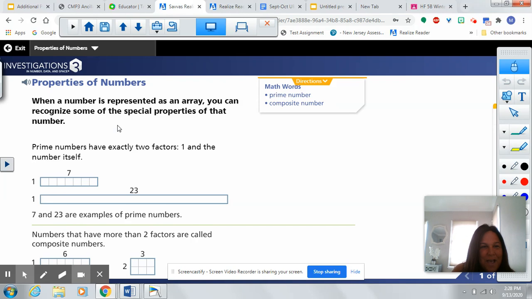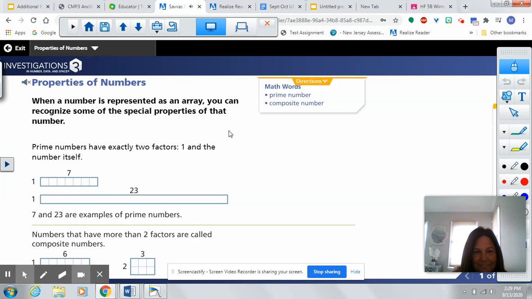Come on over here. I'm going to have him read it for you. Properties of numbers. Math words. Prime number. Composite number. When a number is represented as an array, you can recognize some of the special properties of that number.